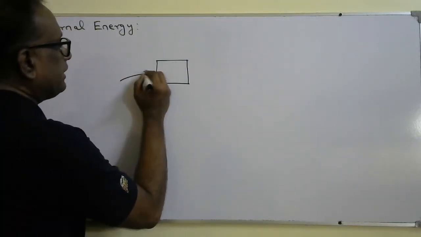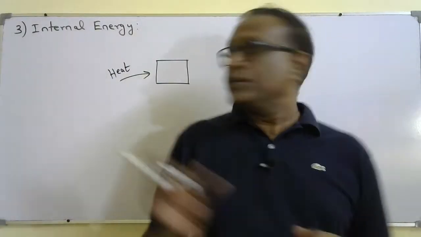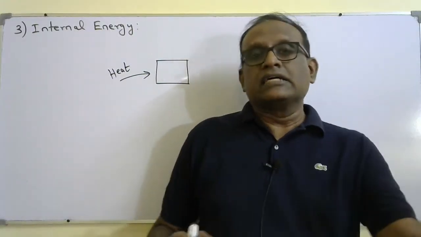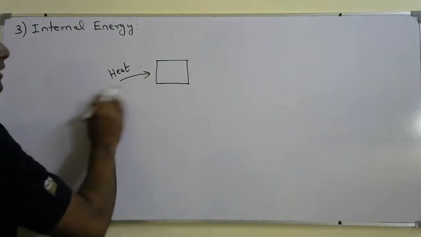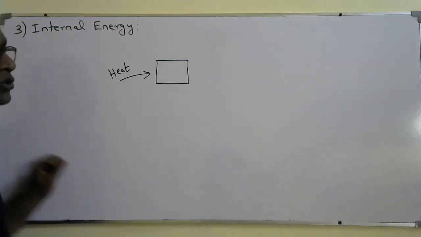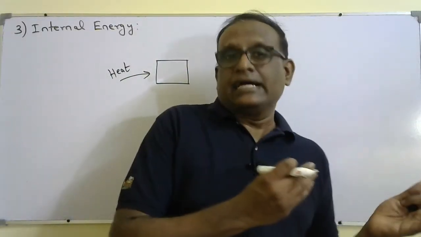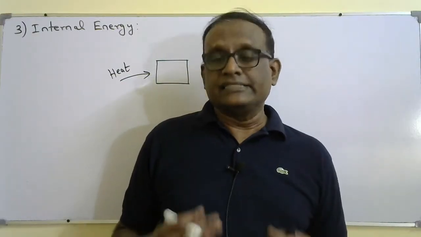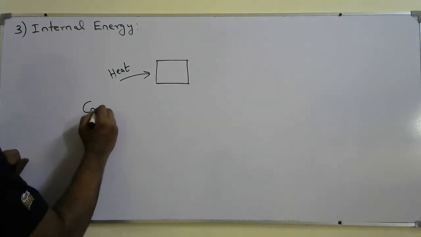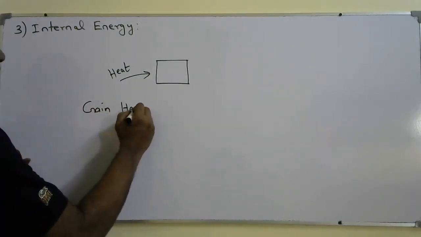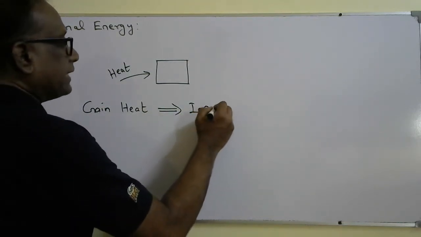If you transfer heat to it using a Bunsen burner or flame, or keep the metal block near a flame, what happens? Heat is flowing to the substance, which means the particles will gain that energy and their kinetic energy will increase. So whenever a substance gains heat, there will be an increase in temperature.